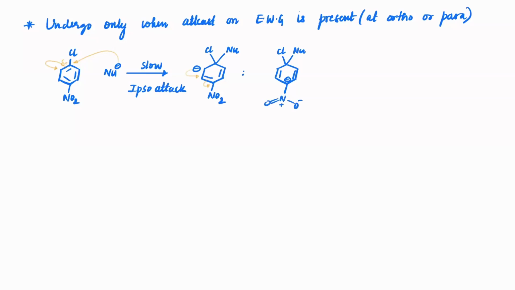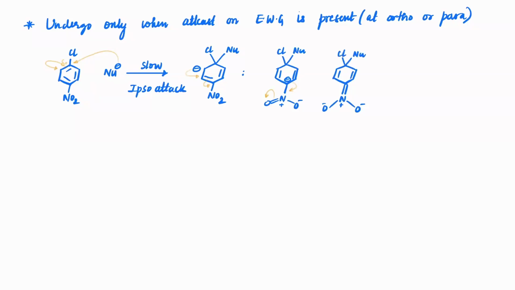So the resonance could further take place here, and the resonating structures will keep happening, with N, O minus and O minus with plus charge, having a double bond, chlorine and nucleophile.